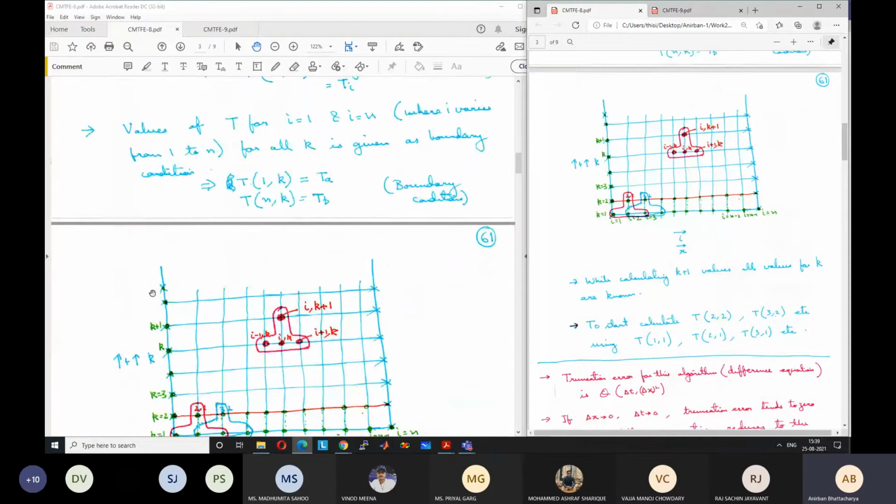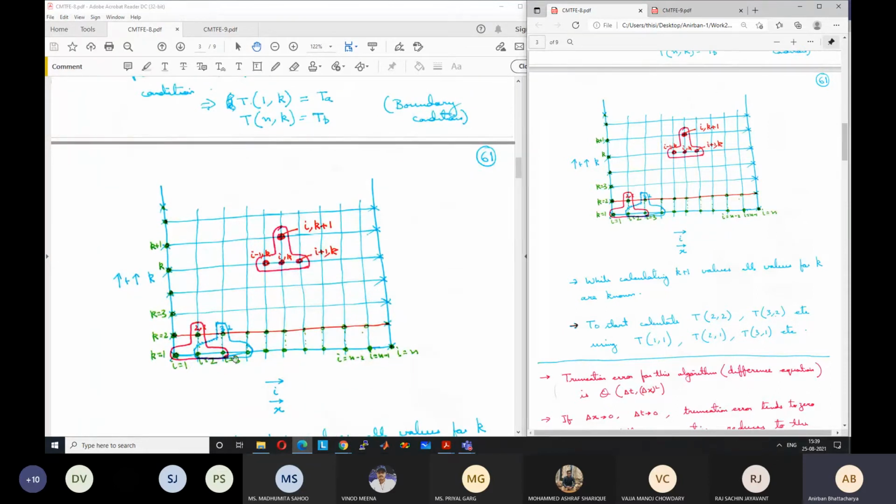I had also discussed how to proceed, starting from the first point for which the value is not known, which is I equal to 2. The I equal to 1 value is known because of the boundary condition. Then we saw how to calculate for I equal to 2, I equal to 3, I equal to 4, like this. At the first time step, meaning the initial time, the value is already known because of the initial condition.